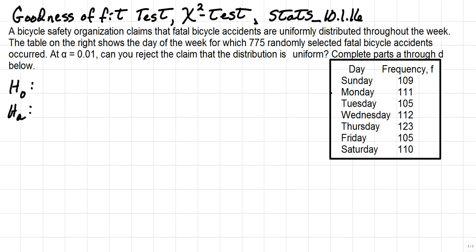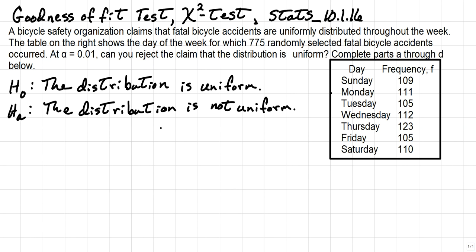So that's our claim, and that is going to be our null hypothesis. The distribution of fatal bicycle accidents throughout the week is uniform, and the alternate hypothesis would be the distribution of fatal bicycle accidents throughout the week is not uniform.